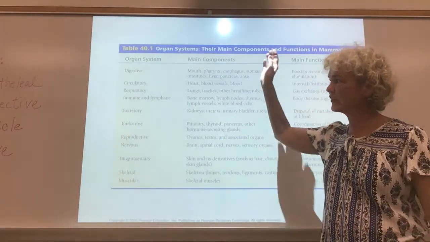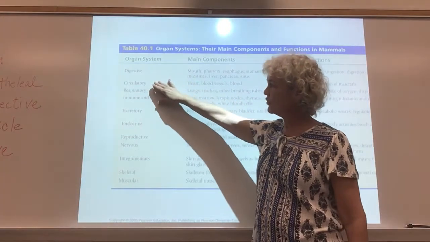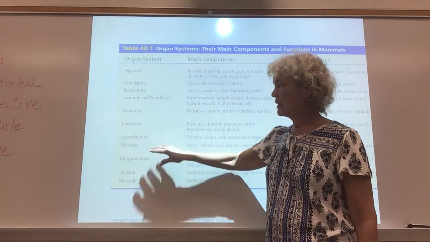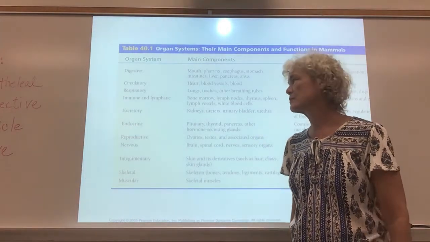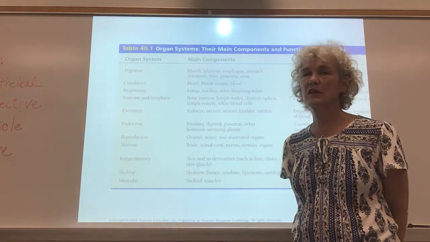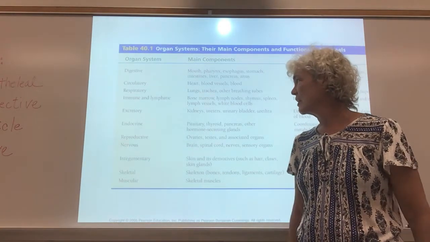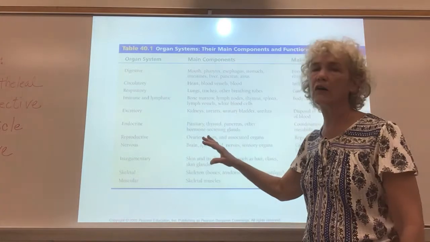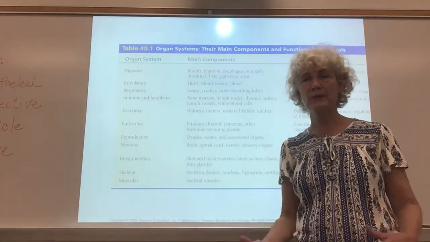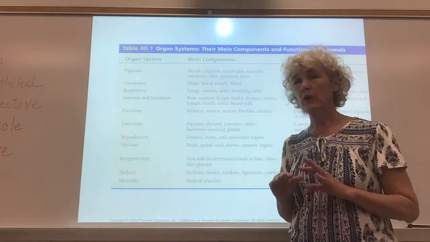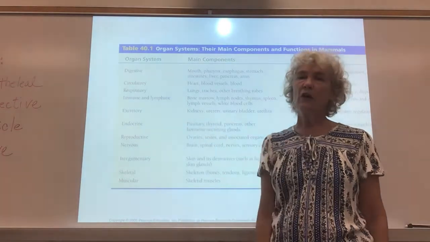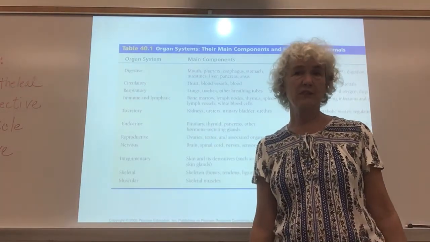The ones we are going to cover are digestive, circulatory, respiratory, excretory, and reproductive. We will also cover the other systems, in particular the endocrine system, which is like the hormonal controls of things, and how they are regulating these other systems. So we will be talking about that too, but not specifically by itself. We're going to be going through all of these different systems in the next several lectures.